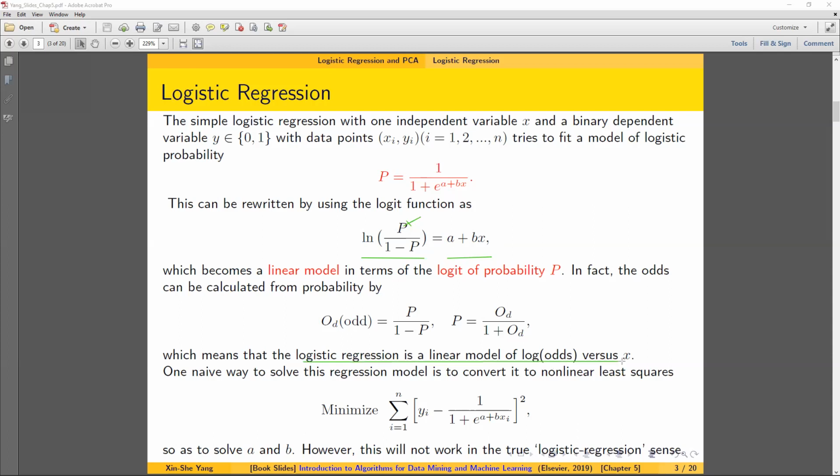Okay, so now let's continue, which says the logistic regression is a linear model of log odds versus x. That makes sense. Log odds is log of p divided by 1 minus p, versus x.